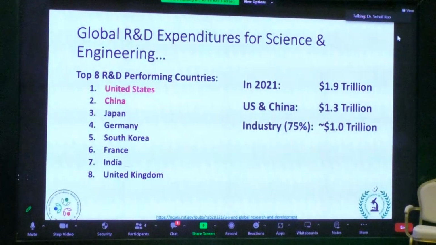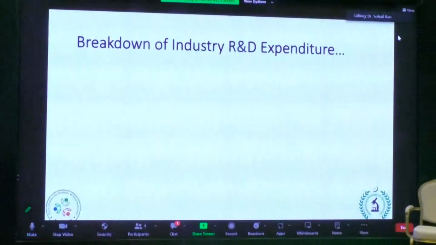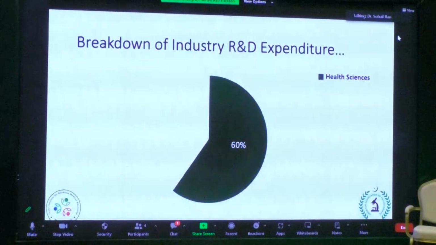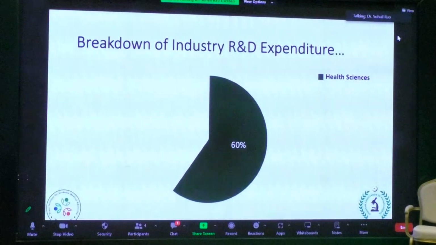If you look at who is funding this, it is industry. 75% of the funding is provided by industry. It is important to keep that in mind as we move forward in this conversation. If we go a little deeper and ask what industry is funding, you will realize that 60% of the funding from industry is going into health sciences, in one form or another.